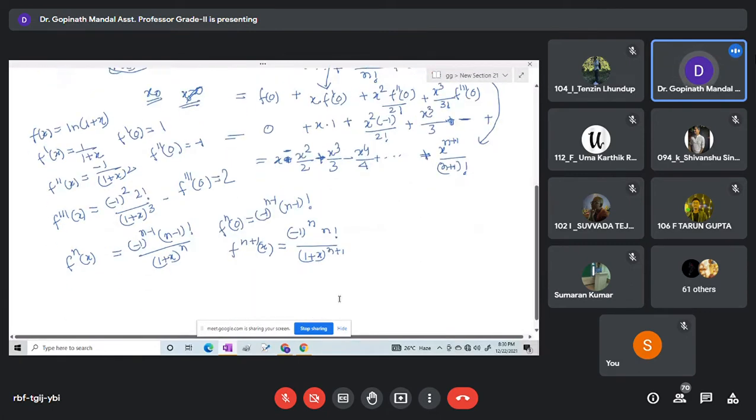So f(n plus 1) of c will be minus 1 to the power n, factorial n, by (1 plus c) to the power n plus 1. Now it is clear? Yes, sir. Okay.